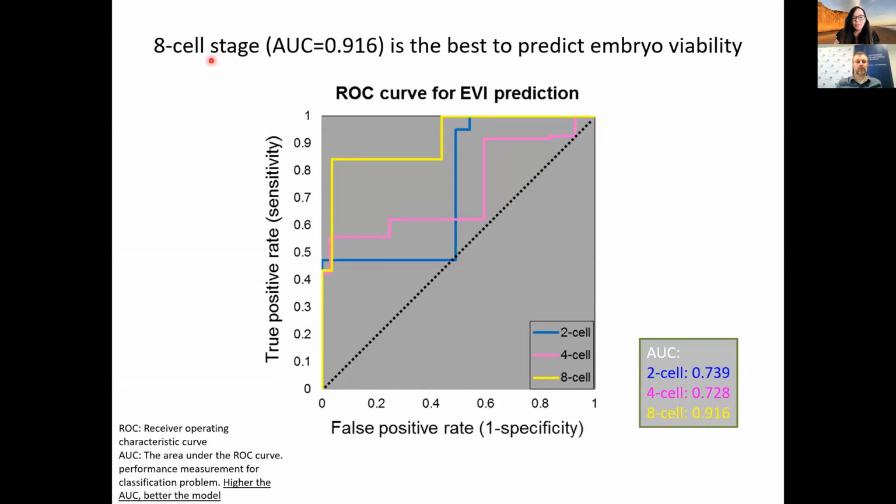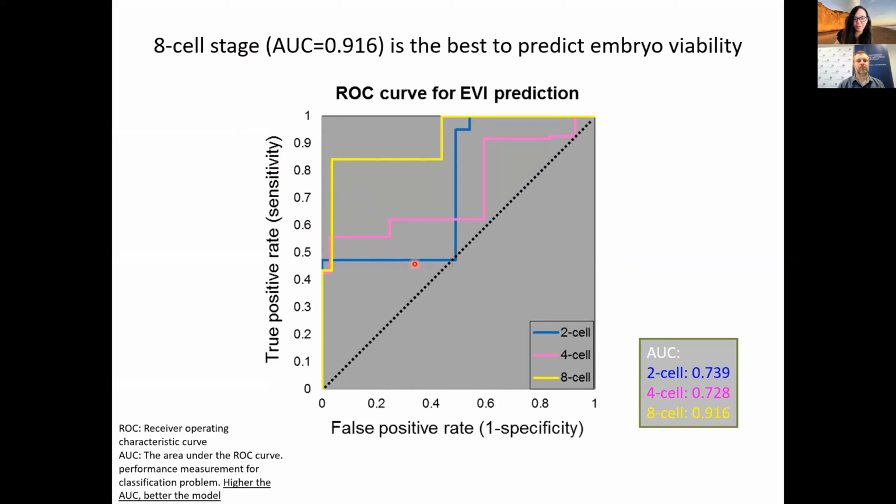So we were able to quantify which of these embryos was better, making sure we looked at the 2-cell stage embryos you can see here. This is the receiver operating characteristic curve.